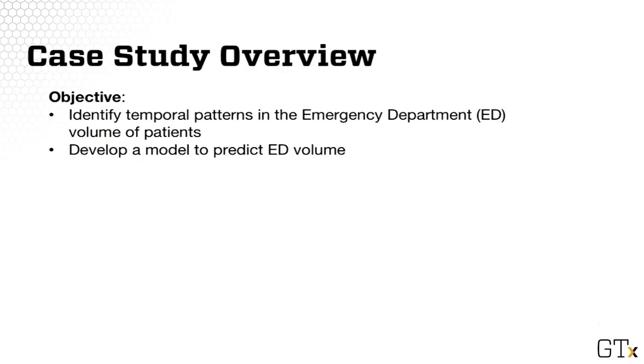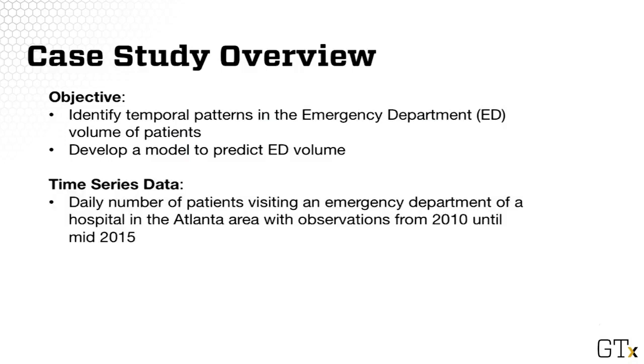The objective of this analysis is to develop models for identifying temporal patterns and for predicting the volume of patients in an emergency department. The data consist of daily number of patients seeking ED care in a hospital in Georgia in the United States. The ED volume was observed over a period of more than 5 years from 2010 until about mid-2015.